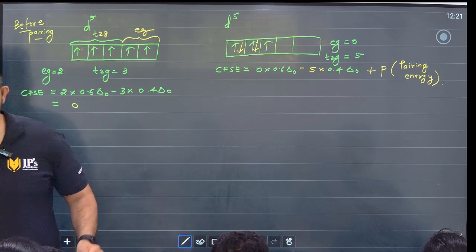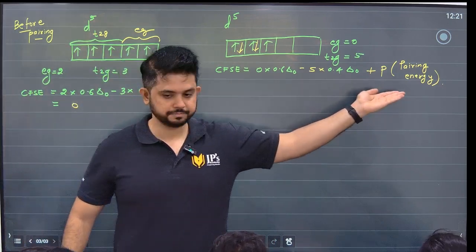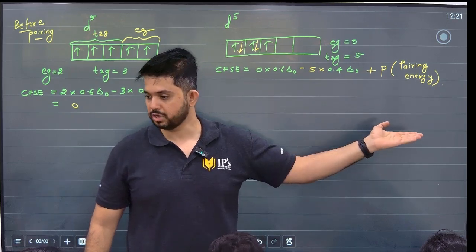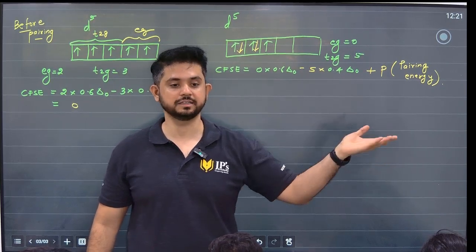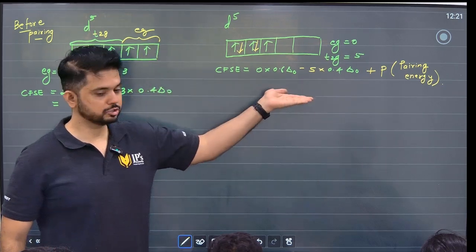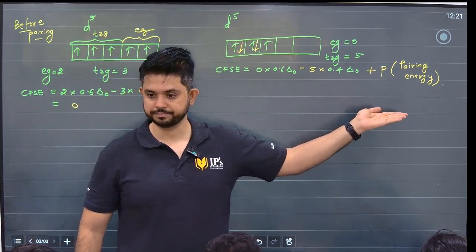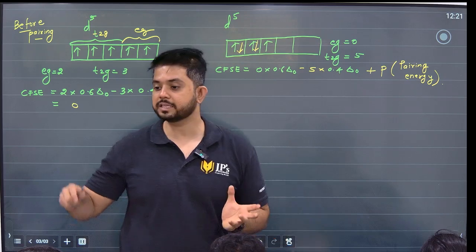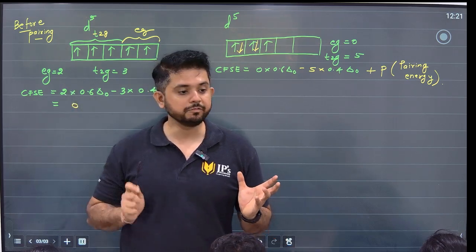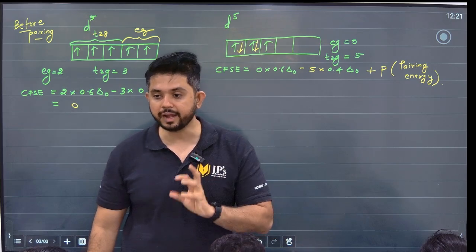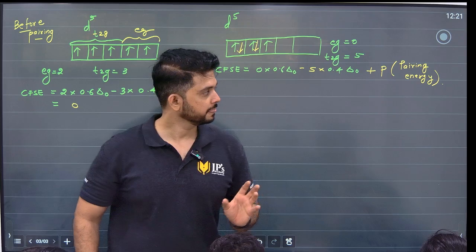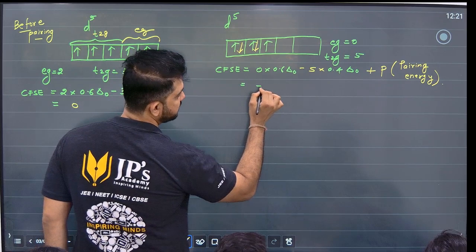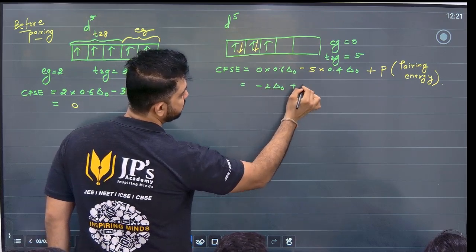Notice pairing energy, since you're going against Hund's rule, that you're pairing them, which is not as per Hund's rule, a small amount of energy gets added to the actual energy, therefore we add that small amount. Later we'll also write a little theory to understand where exactly pairing takes place and where there is no pairing, if you compare octahedral energy and pairing energy. So find this for me, how much is this? minus 2 delta naught plus pairing energy.